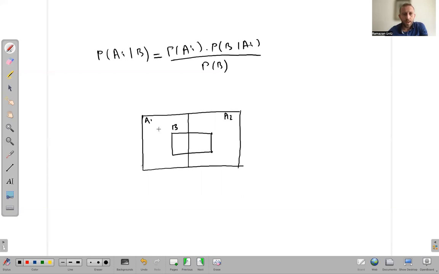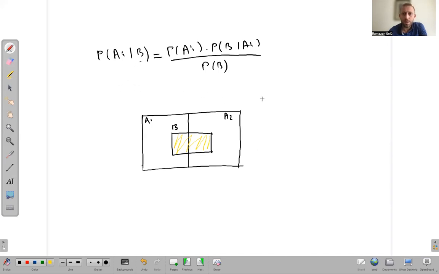In this case, B will be given. So we know that the points or the samples are from this region. And what we are asking for is AI, and let's say we are asking for A1.